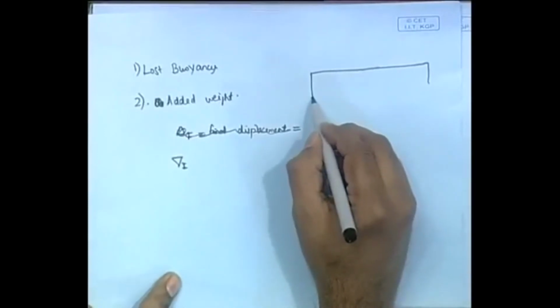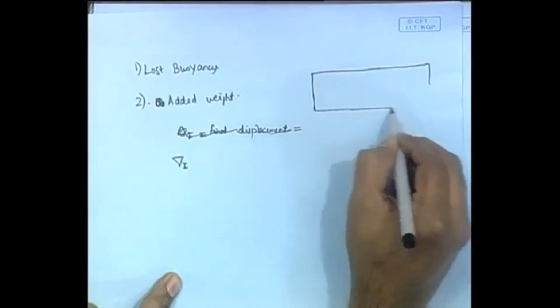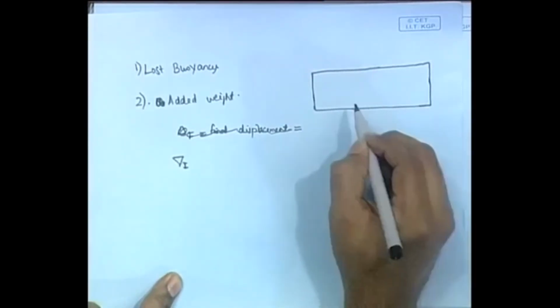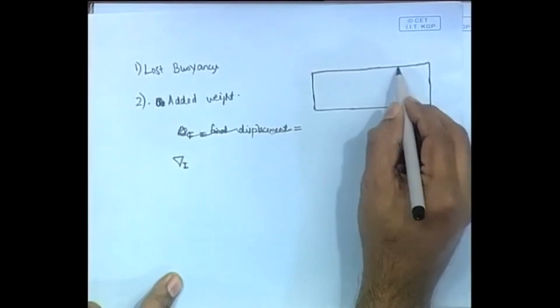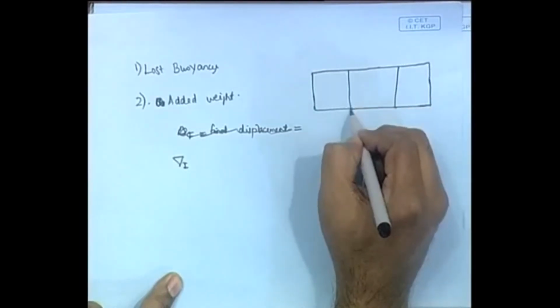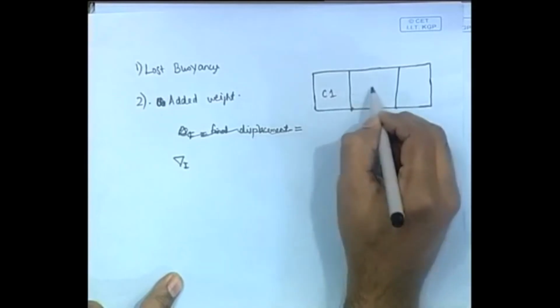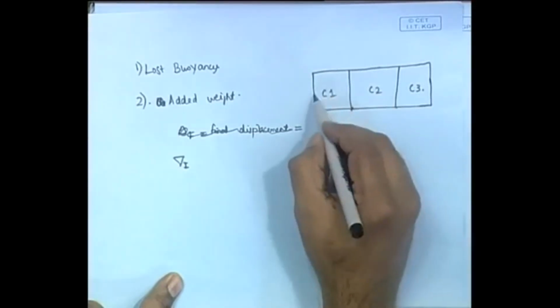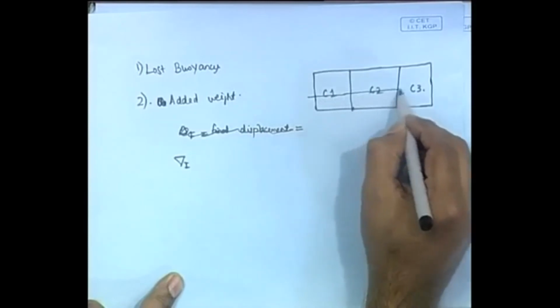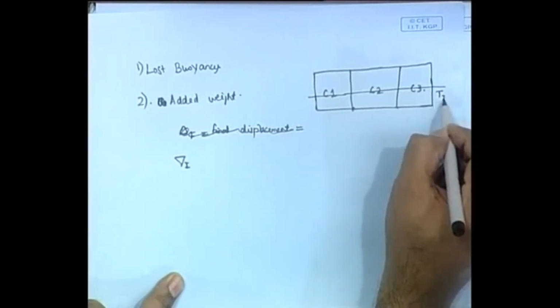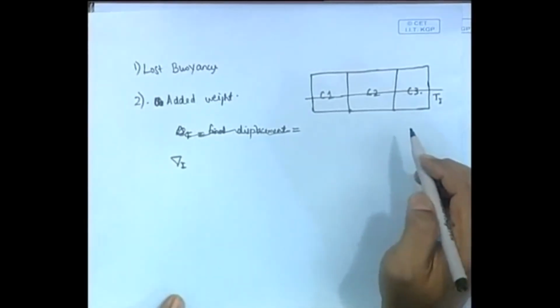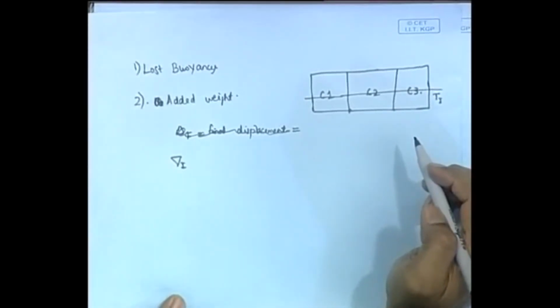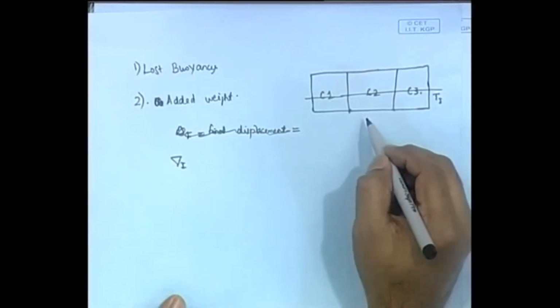Let us take a box like this and divide it into 3 compartments: compartment 1, compartment 2 and compartment 3. Let us suppose it has a draft of T initial. Now let us assume that this middle compartment gets flooded.